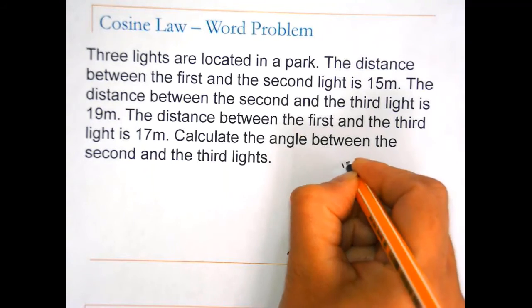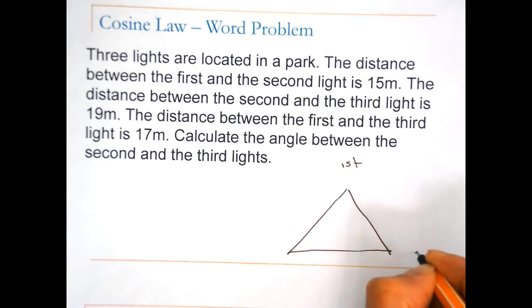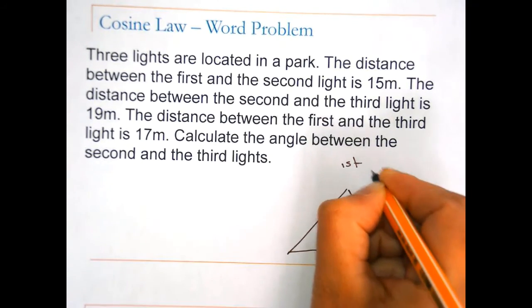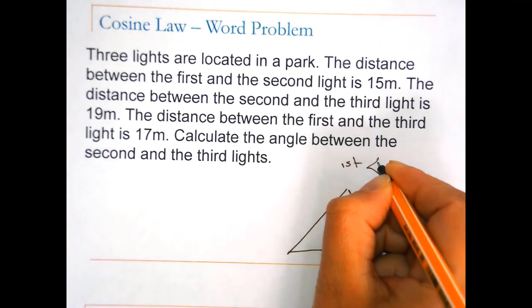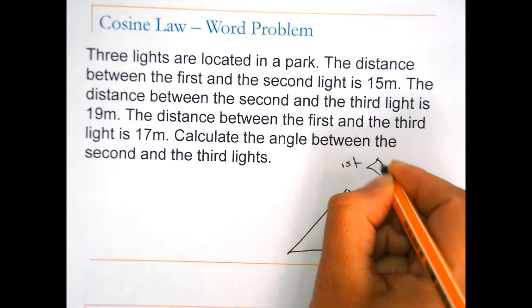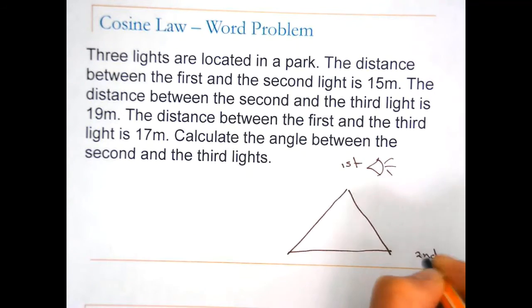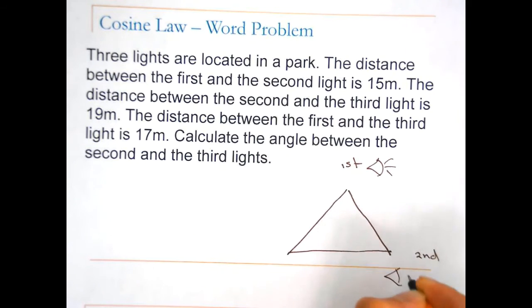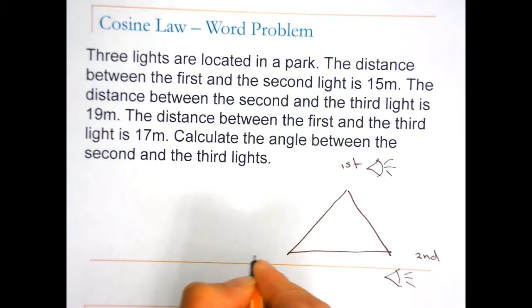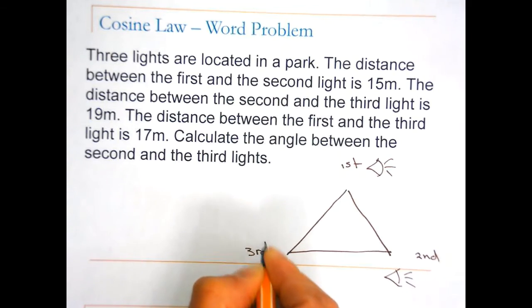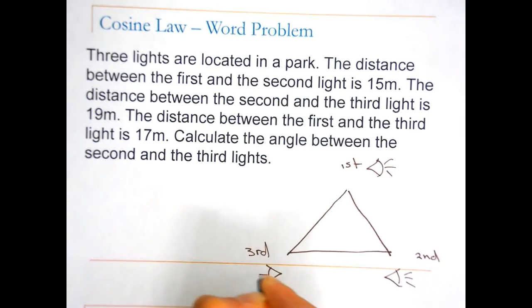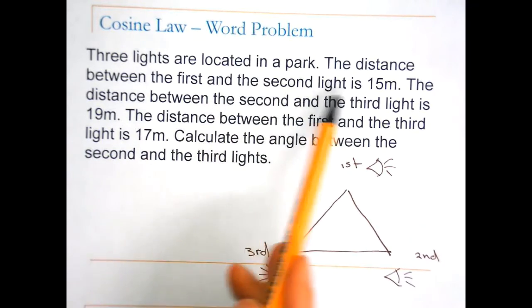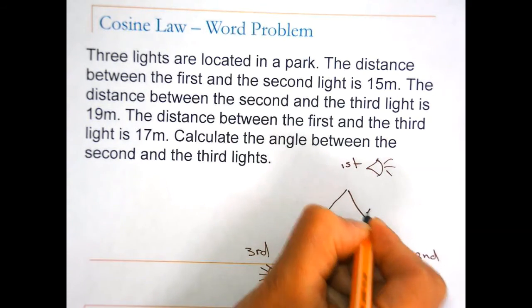So this is our first light, this is our second light, and this is our third light. So the distance between the first light and the second light is 15 meters.